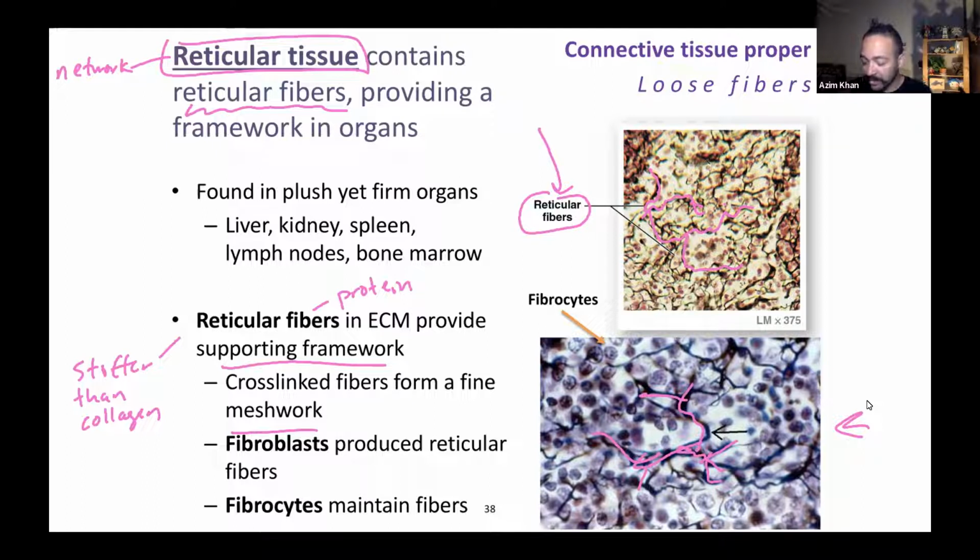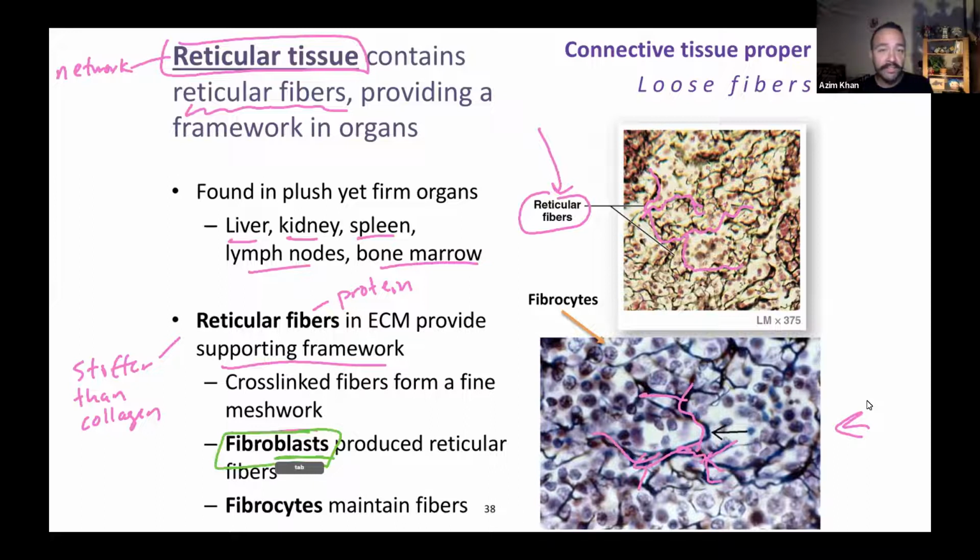You find that in places like liver, kidney, spleen, lymph nodes, bone marrow. So for these organs, it provides a framework. It holds all kinds of cells in, protecting it. But the cells that create this reticular fiber network in the first place are fibroblasts.